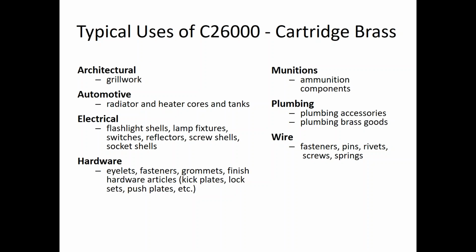Cartridge brass. Brass fillings, and those are generally 260 brass. If you go into Grand Central Terminal, New York City, which was built in the early 1900s, there's brass railings there.